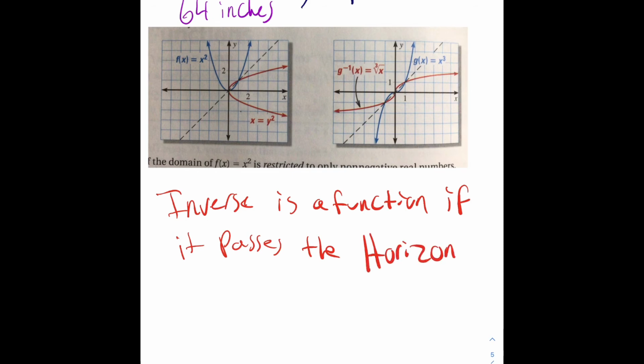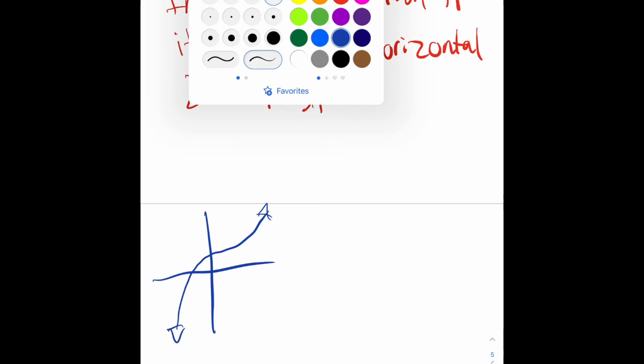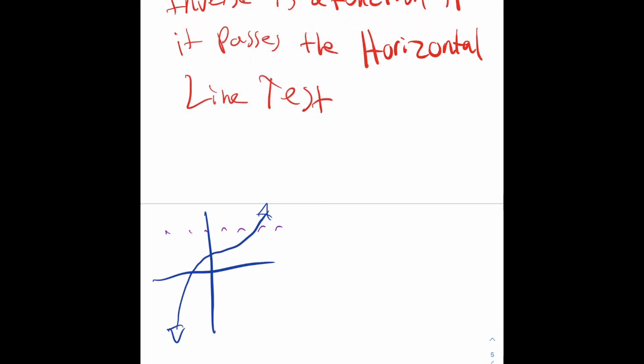So you check the vertical line test for a normal function, and then you check the horizontal line test to see if it passes for the inverse function. So if the inverse is a function, it would look something like this. As I move my line horizontally, I am never touching more than one spot. So this inverse is a function.